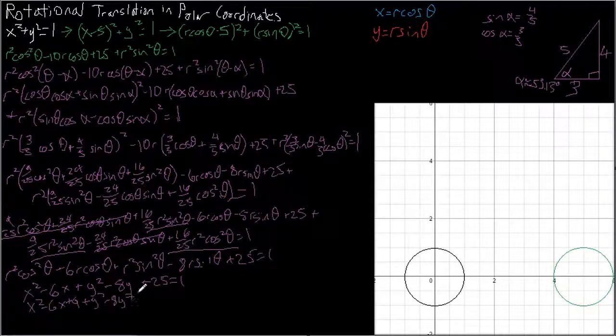Unfortunately, 9 plus 16 is 25, so this 25 that's here, I can just split that into 9 and 16, put the 9 with the x's and the 16 with the y's, and what that turns into is x minus 3 squared plus y minus 4 squared equals 1, which is a circle that's now centered at 3, 4, 3, 4 being right here, and it still has a radius of 1.